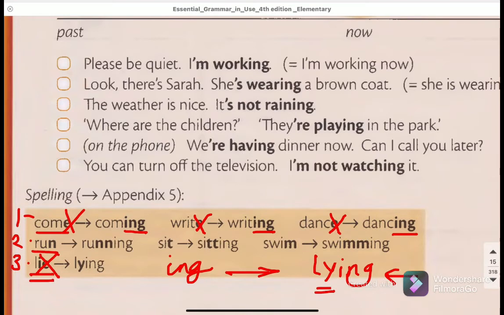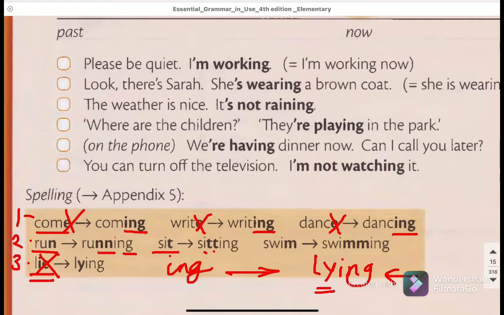As in run, it ends with U and N, so vowel and consonant, so I will double the letter N and put ing. And here I have sit, so it ends with a vowel and a consonant, so I will double the consonant letter and add ing.